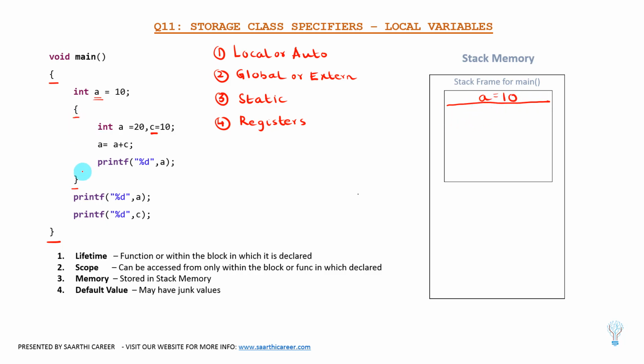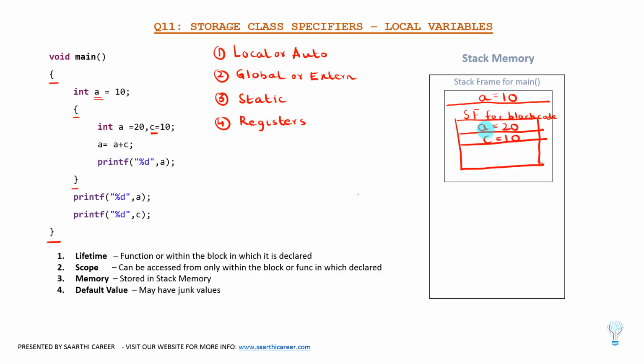Now when we see a block of code, it is like creating another stack frame inside the stack frame for main. And then within the block of code, we see that we have created 2 variables a and c, and a is pushed onto the stack with the value 20 and c is pushed onto the stack with the value 10. And then we see we have a statement a equals to a plus c.